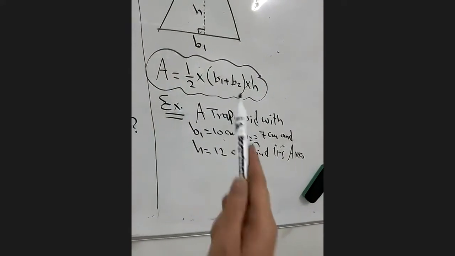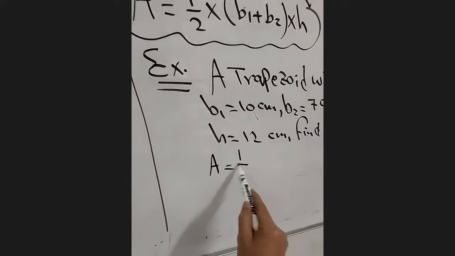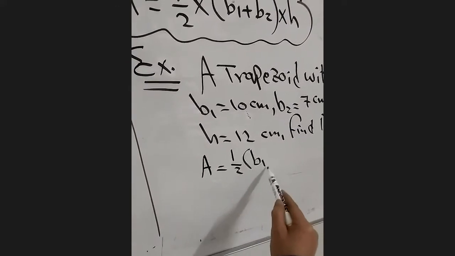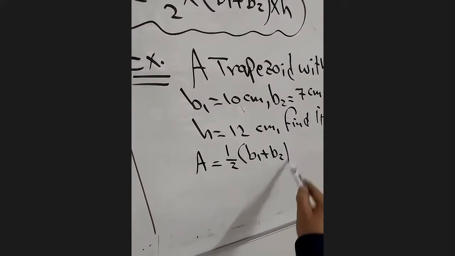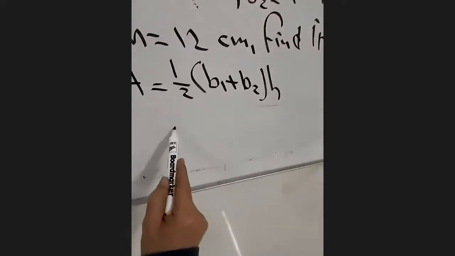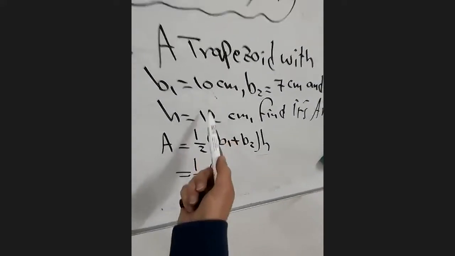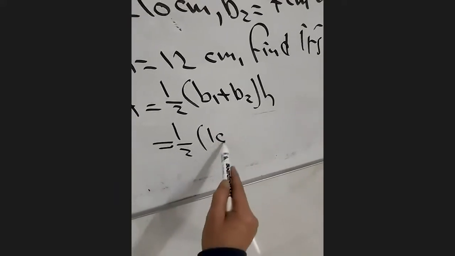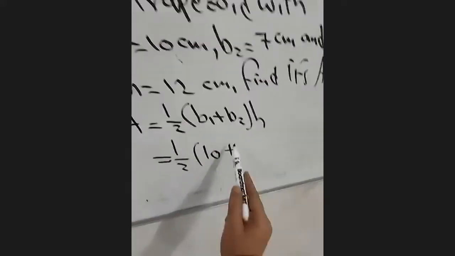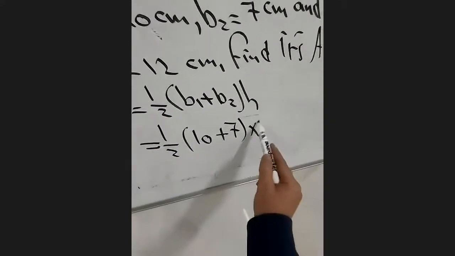First step, write the formula. A equals half B1 plus B2, multiply H. Here we show it like this. This is equal to half, B1 is 10, so here I'll put 10 plus B2 7, multiply the height, which is 12.